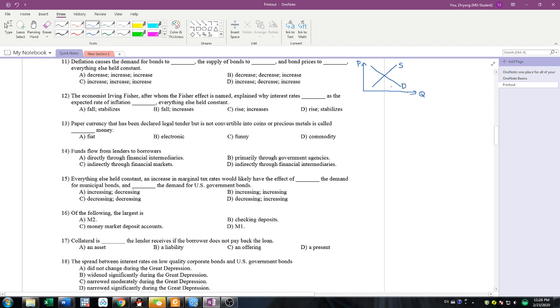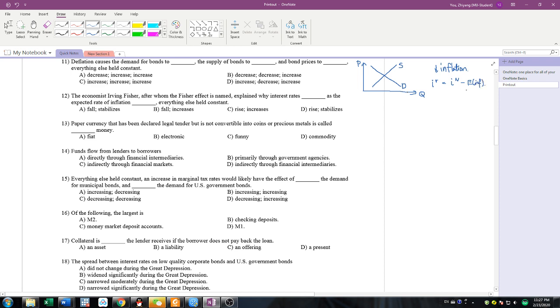Notice inflation is really special just because it is going to shift both supply and demand curves simultaneously. In this case, a deflation just means we have a decrease in the inflation rate, or actually a negative inflation rate. With that said, what we know is that the real interest rate is the nominal interest rate minus the expected inflation, right?